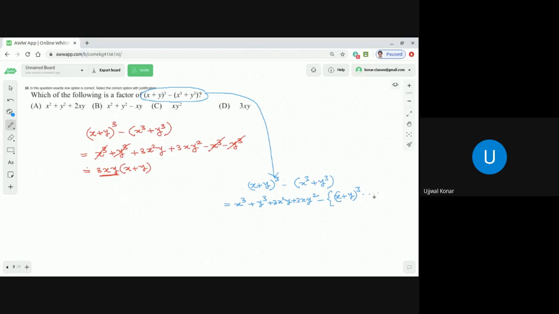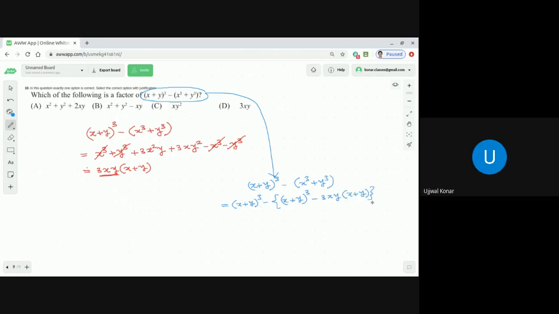But that's why I said I value your statement. The moment you say you expanded x cube plus y cube, with that also you can achieve the solution. How? Let (x plus y) whole cube be there. Now tell me, what is the formula for x cube plus y cube? It is (x plus y) into (x square minus xy plus y square).